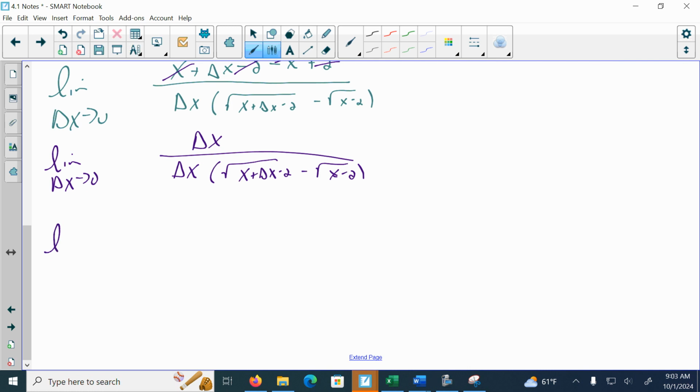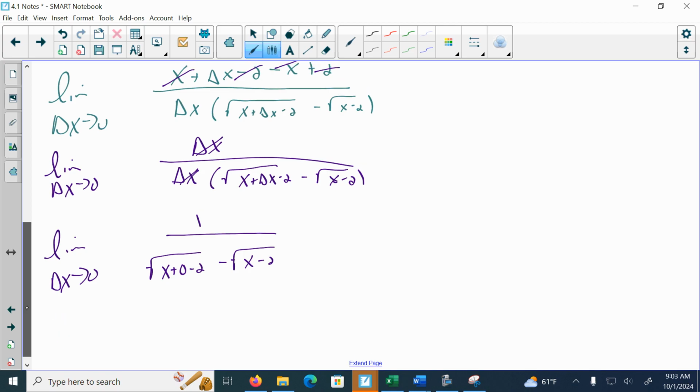So when I do this, those delta x's simplify. I'm left with 1 in the numerator, and now it's okay for me to put 0 in for the delta x. So I'm going to have the square root of x plus 0 minus 2 plus the square root of x minus 2. So my final derivative, oh, and I got to see the notation we used in the original problem.